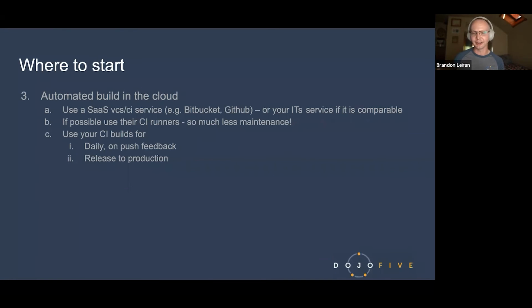So your maintenance load is a lot lower. And especially when you're getting started, this is at least where I would propose you go and try this out first. Even if you end up with some different solution, like an on-prem solution with Jenkins or whatever, I think you're going to get a lot of value out of seeing what I consider a commodity CI provider like Bitbucket or GitHub or GitLab.